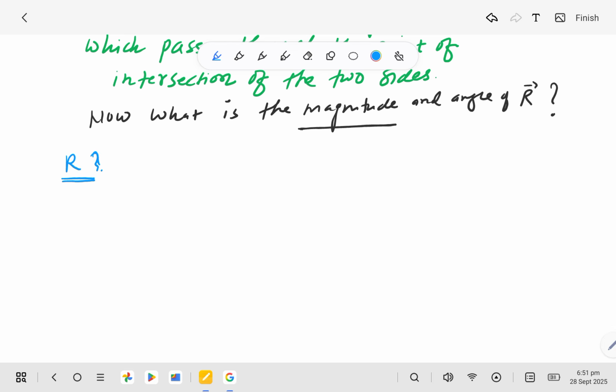Now this is the question, so we can use the law of triangles. So again, the length of this side is Q, the length of this side is P, and this is the parallelogram.